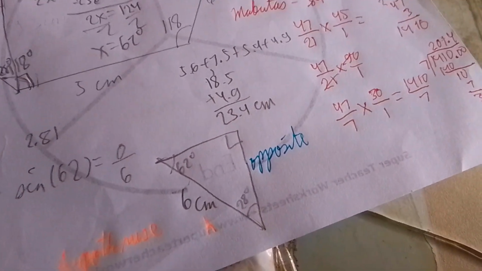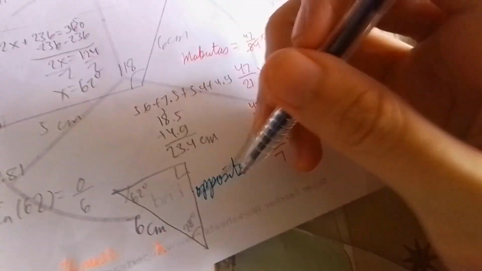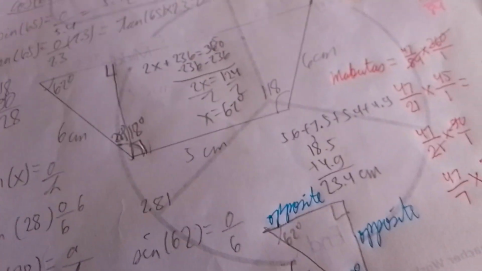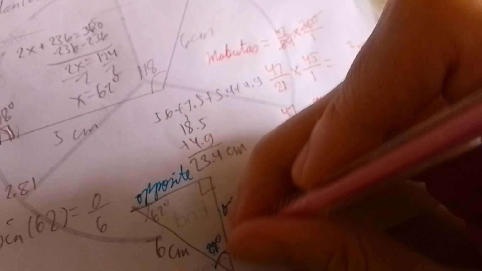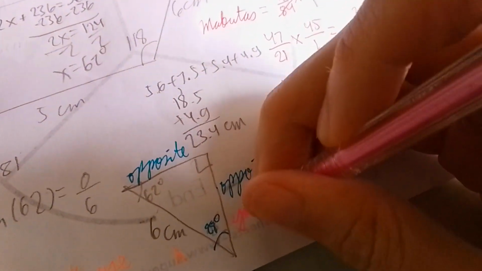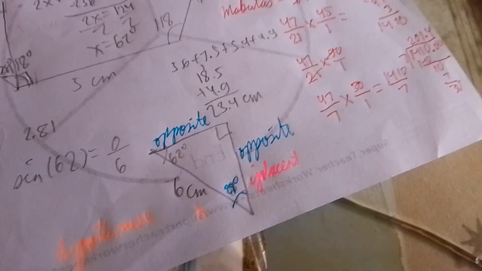Depende kung saan galing yung angle mo. Either here or dito. Let's say, halimbawa, kung ginamit mo yung 28 degrees, ito yung opposite mo. Tama? Tapos, yung naka-yellow, o yung naka-pink naman ay yung adjacent. Yan. So now we can already have the formula.